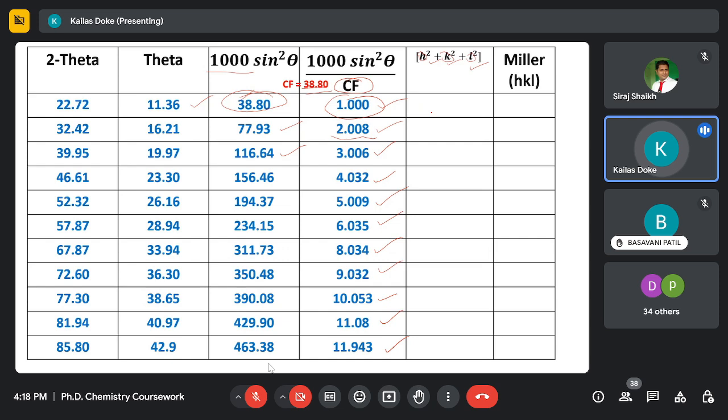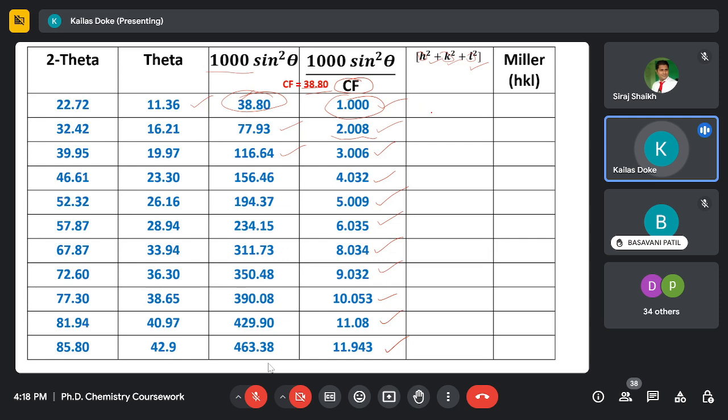Likewise, we got the values of h square plus k square plus l square as 1, 2, 3, 4, 5, 6, not 7, interesting, 8, 9, 10, 11, 12, maybe 13, 14 if the next peaks are there.